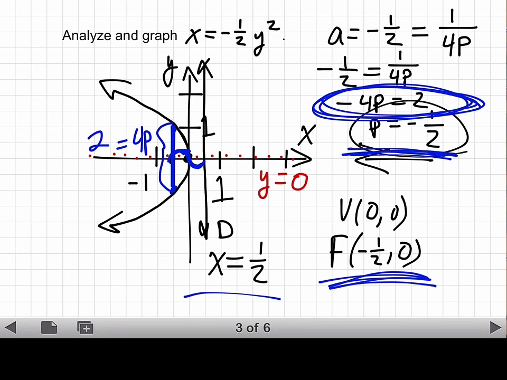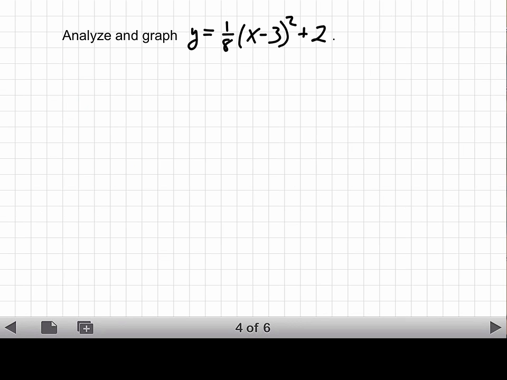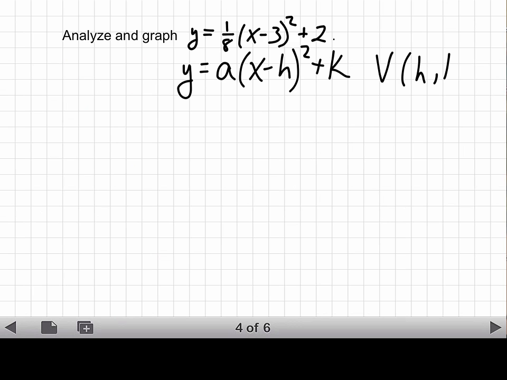For our next example, we are going to analyze and graph y equals 1/8 times the quantity x minus 3, squared, plus 2. The first thing I want to point out is that this equation is in the form y equals a times the quantity of x minus h squared plus k. And as I'm sure you remember, the vertex of such a parabola is at h, k.